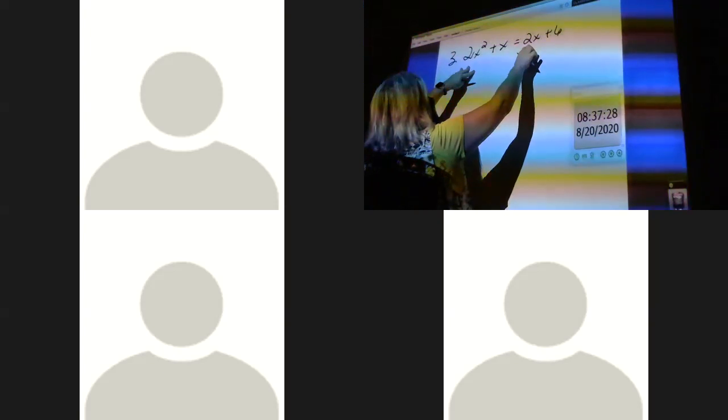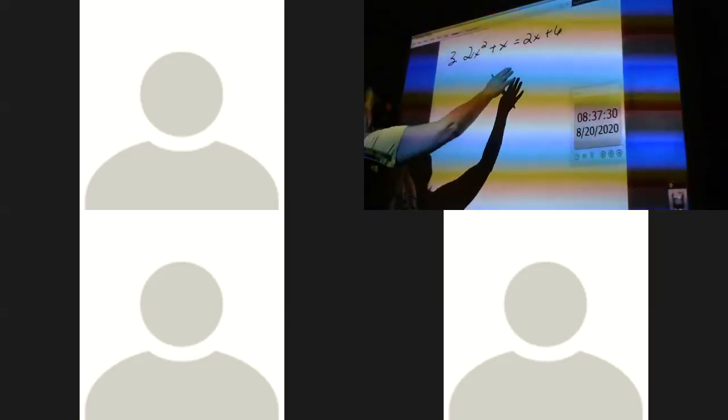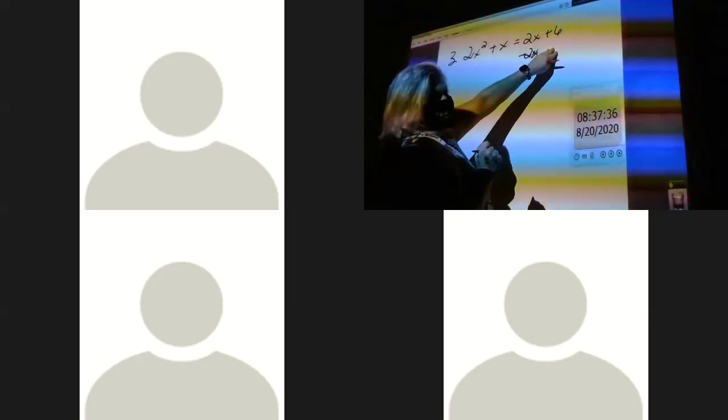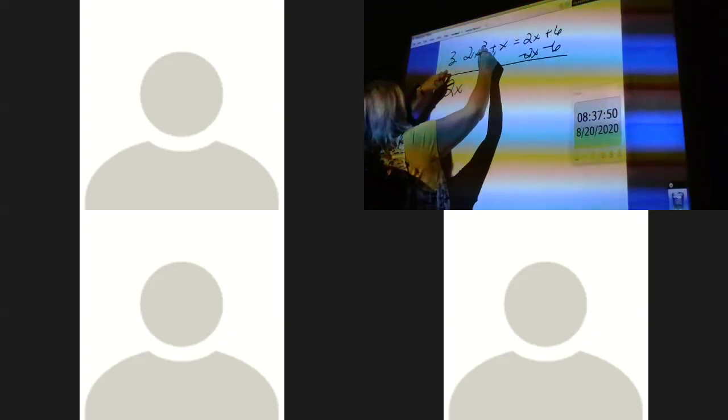How do we get rid of that positive 2x? Subtract 2x. How do we get rid of that positive 6? Minus 6. Whatever we do to one side, we've got to do the other.